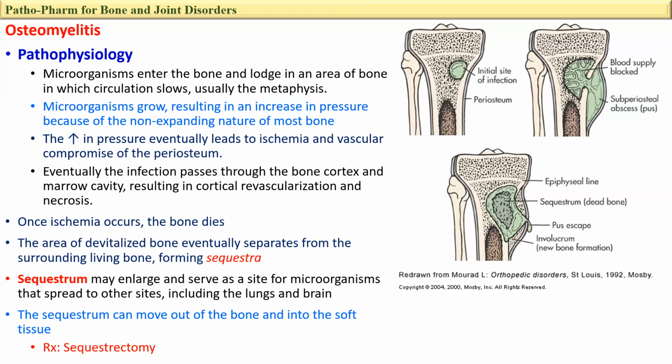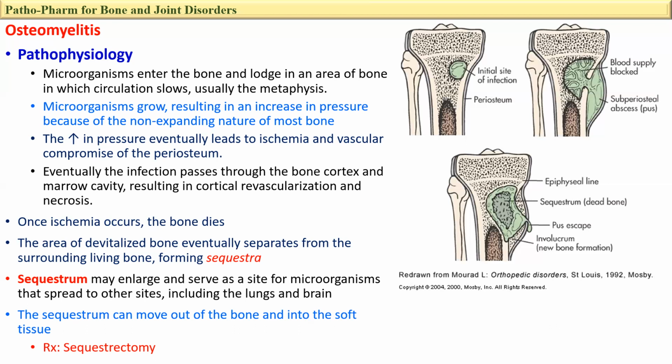Some of the direct entry would be at any age where there's an open wound, a puncture wound, animal bites, bone surgery, and sometimes even surgical procedures result in a complication or post-op infection, especially with an orthopedic or prosthetic device implanted, which results in a post-op infection that could result in osteomyelitis.